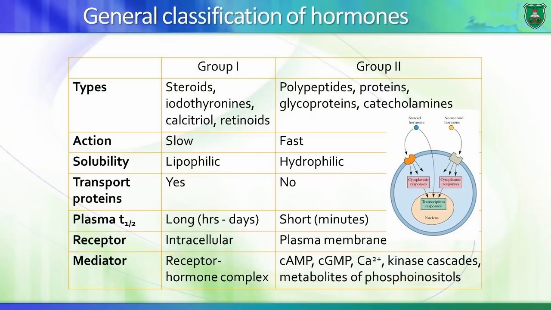The plasma half-life of the lipophilic hormones is long because they are bound to transport proteins, so they are protected. The hydrophilic hormones have a relatively short half-life. So these are the receptors, and these are the mediators.